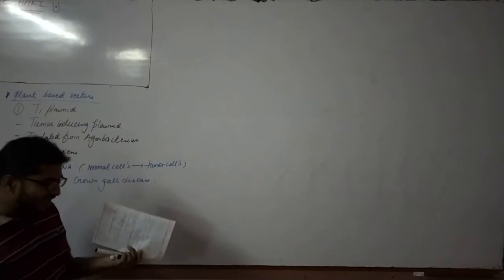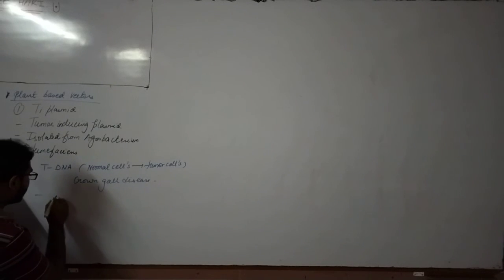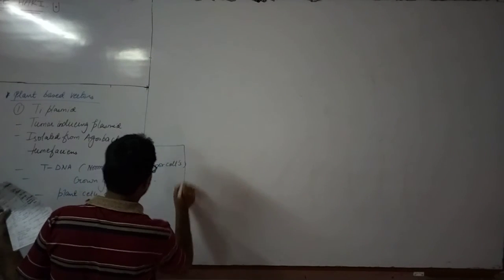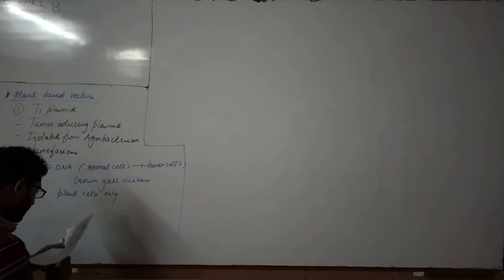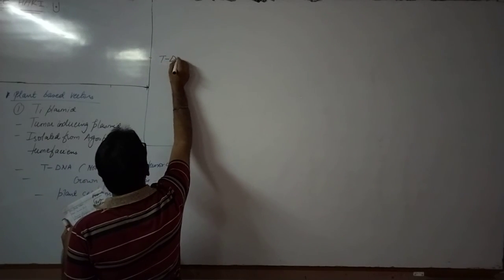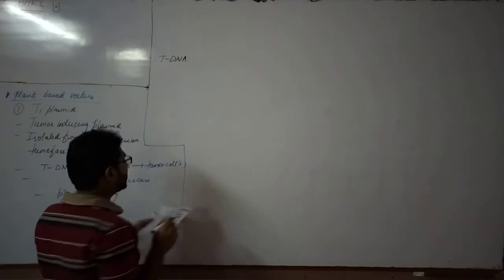Right? What are the basic advantages of using Ti plasmid in recombinant technology? One thing we need to remember for this Ti plasmid is that it can be used in plant cells only. We cannot use Ti plasmid in any other cells except plants.